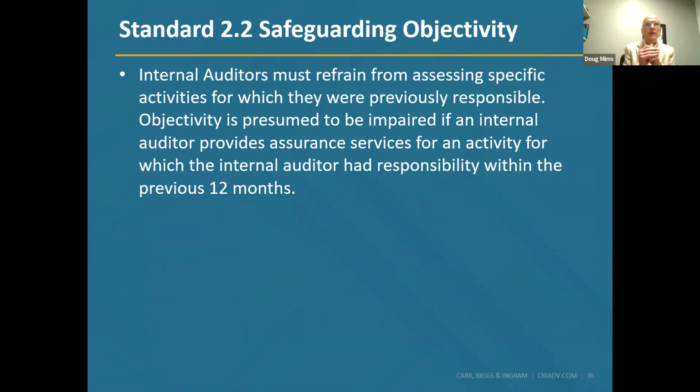You need to make sure you disclose it and that everybody knows that, and that you thoughtfully consider it, because objectivity is presumed to be impaired if you're providing assurance services, not advisory services, but assurance services for an activity for which you had responsibility within the previous 12 months. So there's a presumption there that there's an issue regarding objectivity that you need to make sure you disclose and work through.